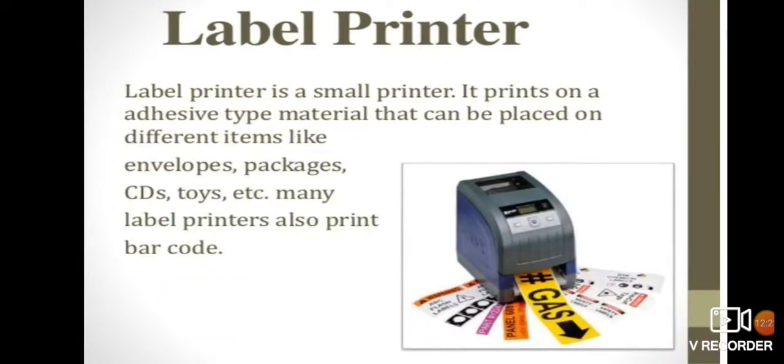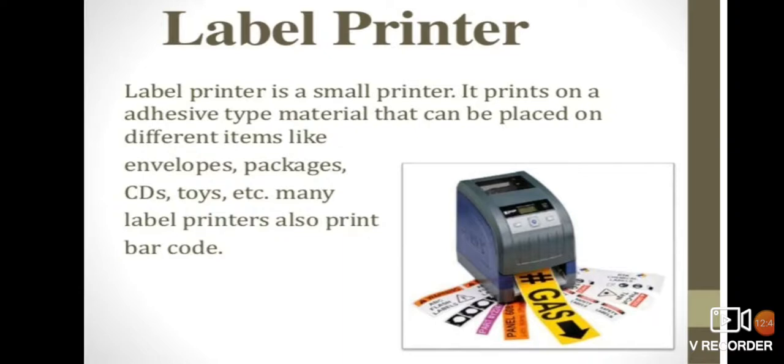And last in the category of non-impact printers are label printers. A label printer is a small printer. It prints on adhesive material that can be placed on different items like envelopes, packages, CDs, toys and many others. A label printer is also called a barcode printer. So label printers are small printers used to print labels.